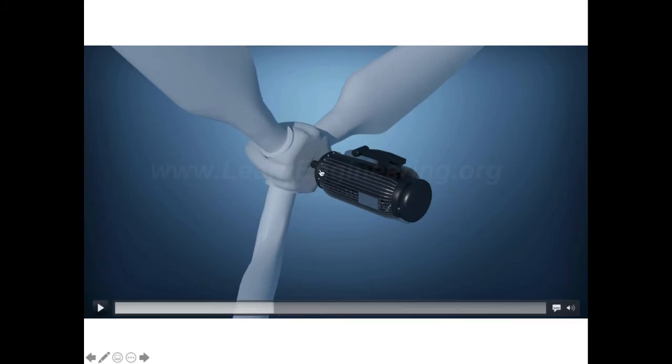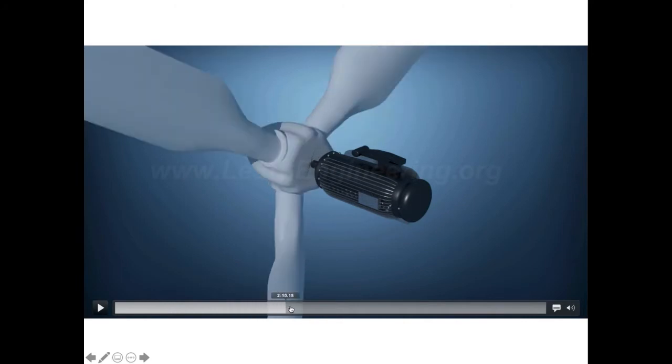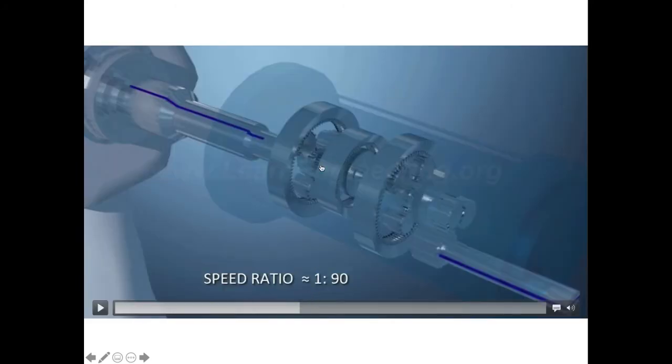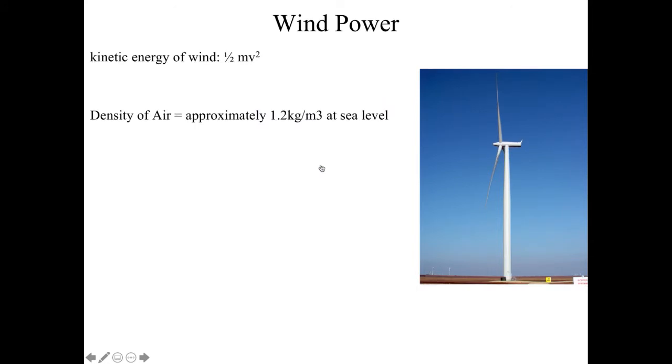That gearbox increases the speed by about an order of magnitude. So let's say the speed of the turbine blades is roughly 10 miles an hour. The gearbox increases the speed to about 100 miles an hour inside the nacelle. There are lots of parts inside the nacelle that are not relevant for this class, so I'm not going to hold you to those.